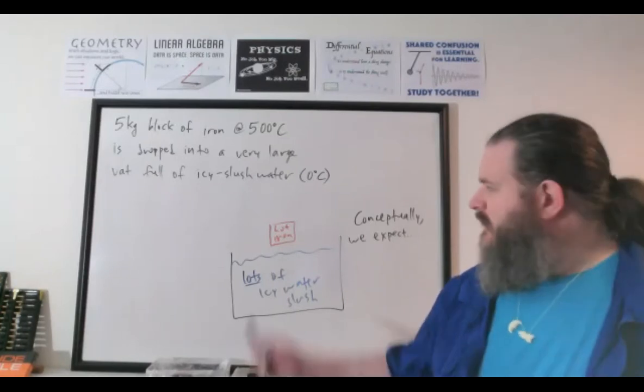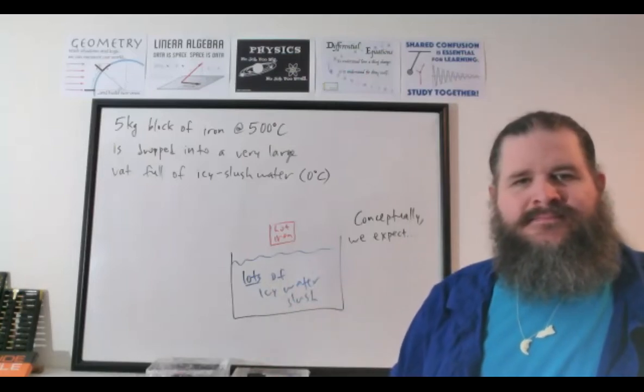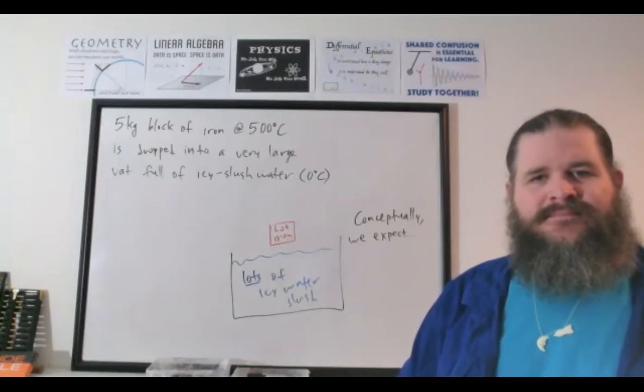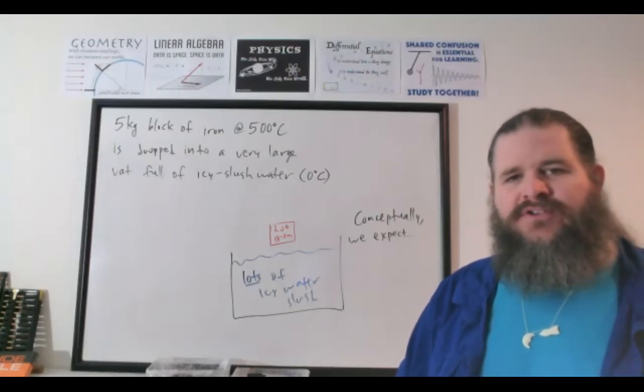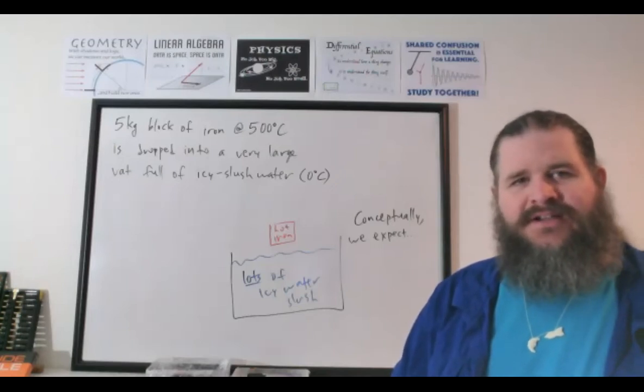The temperature of the icy water will decrease, and why is that? First of all, which direction would you expect heat to flow? What's going to be gaining energy? What's going to be losing energy?